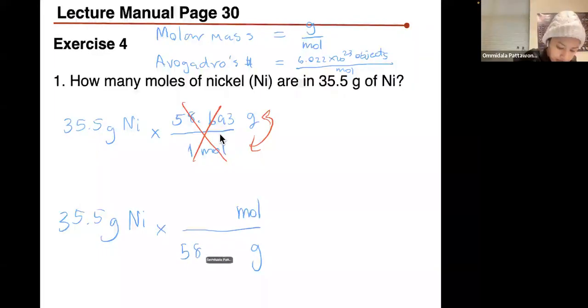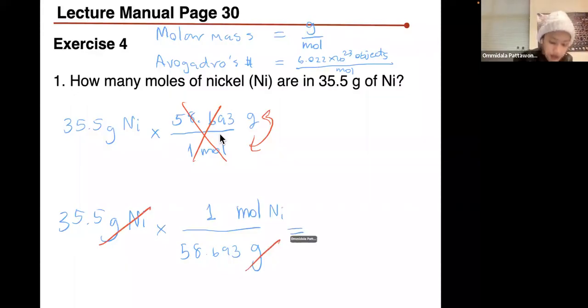So 58.693 is still going to be with the grams, right? This is how much 1 mole of nickel weighs, 58.693 grams. If you do this correctly, grams will cancel out, and you are going to get the mole as the final unit. It's going to come out to be 0.605 mole of nickel. Okay, so 3 sig fig, so therefore this is going to be 3 sig fig as well.